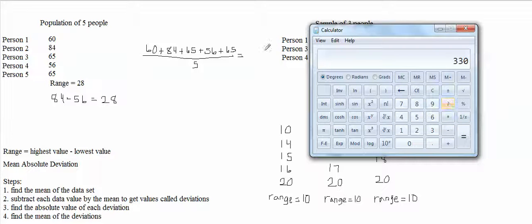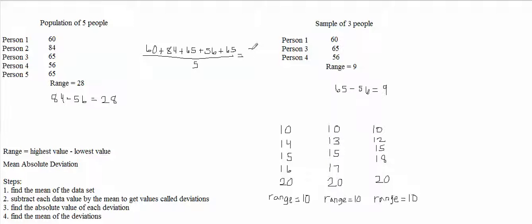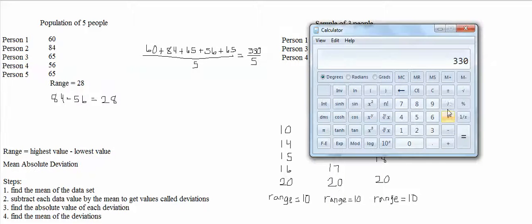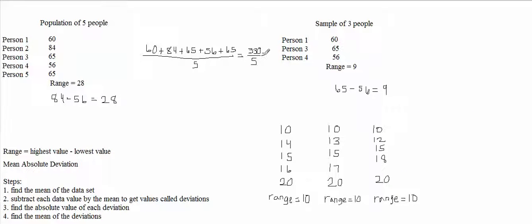Well, the total comes out to 330. And we have to divide by 5 since we have 5 numbers. And we get 66. So the mean of the entire population is 66.